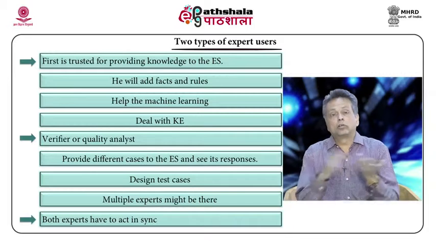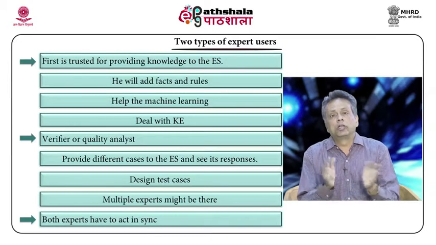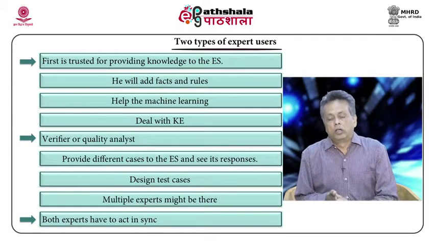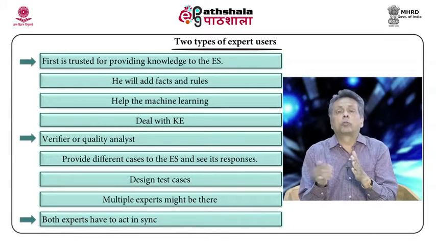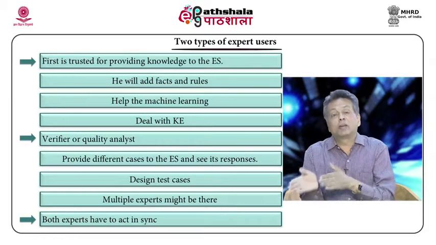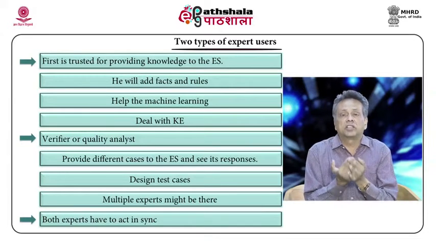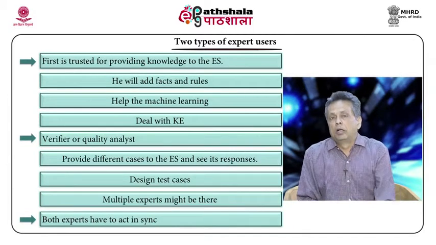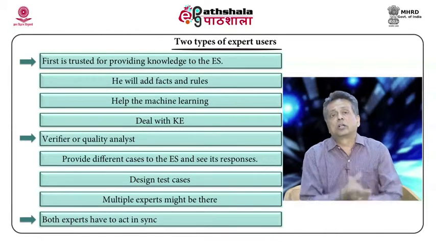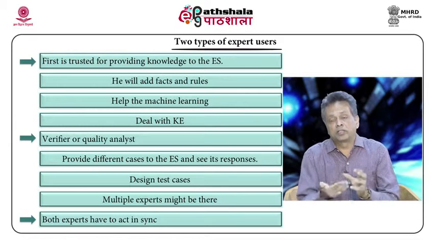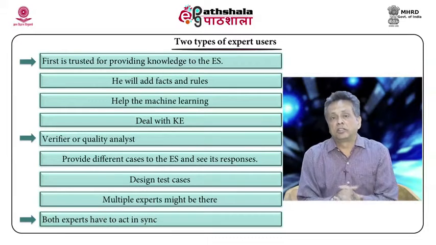If you learn those things by other means, it is usually known as machine learning. Then the expert does not have to provide that from himself, but has to monitor whether the information going in is right. So, the first type of expert looks at the information, provides that information, and monitors the information when it is coming from other sources.